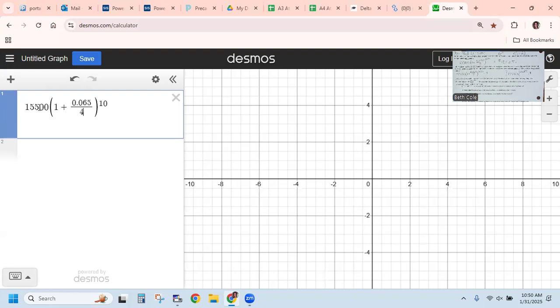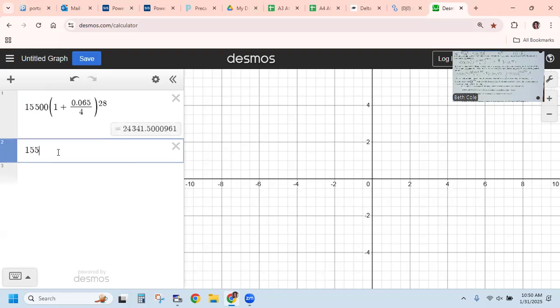Okay. So it is this 1.065. It was quarterly, so that's 4. 4 times 7 is 28. Okay, so there's the first one. $24,341.50. I don't know if I made them that close. Wait, 0.06 times 7.